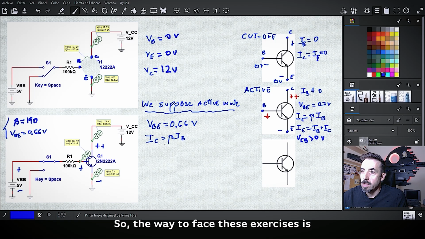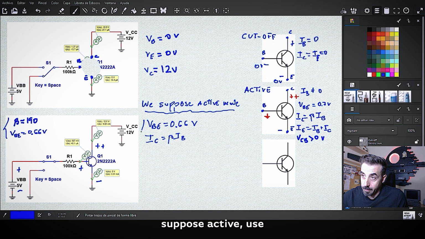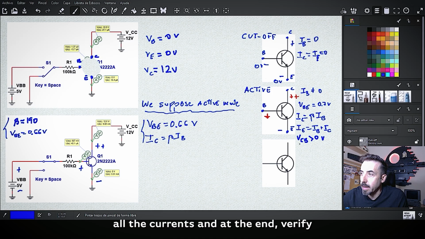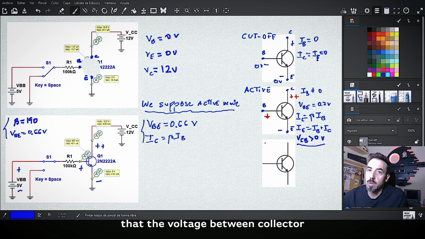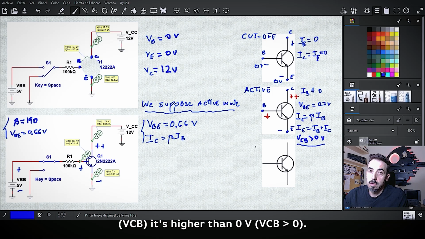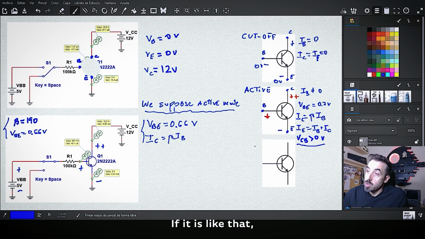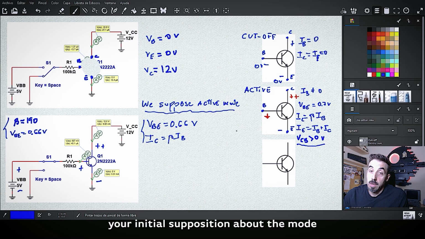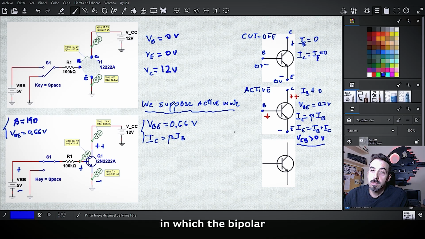So the way to face these exercises is: suppose active, use this, find all the voltages and all the currents, and at the end verify that the voltage between collector and base is higher than 0 volt. If it is like that, then your initial supposition about the mode in which the bipolar transistor is working is okay. Otherwise, it means that it's not working in active.